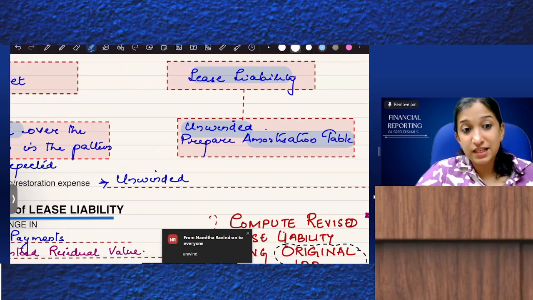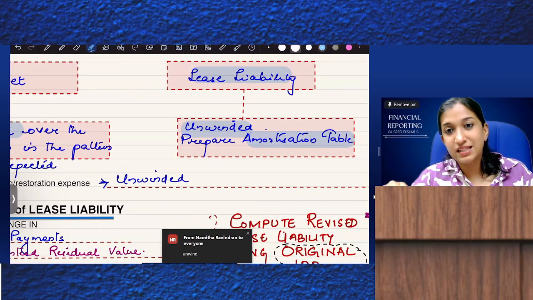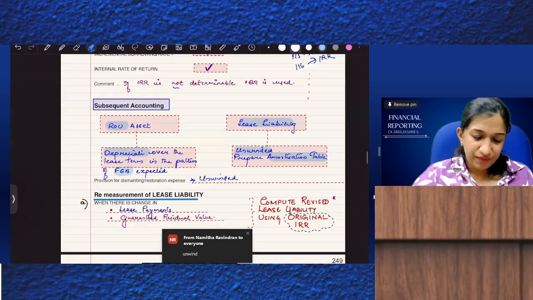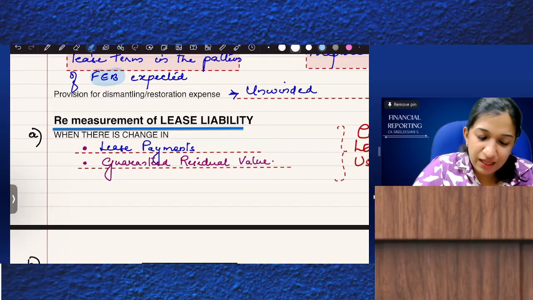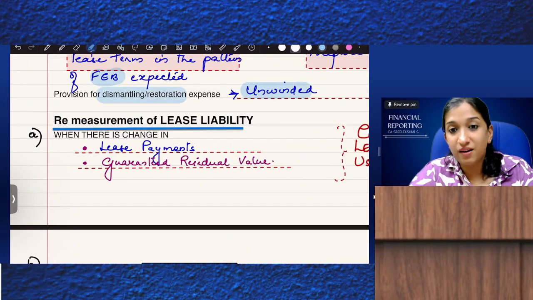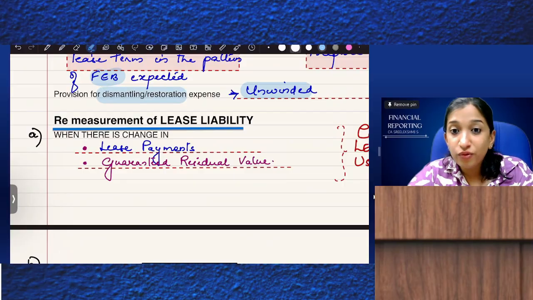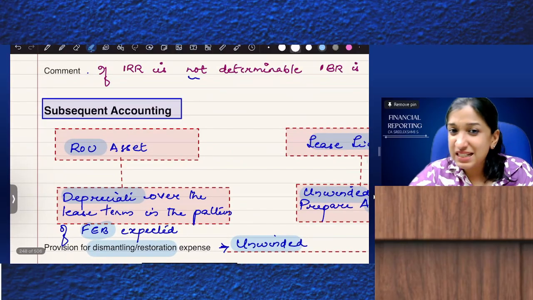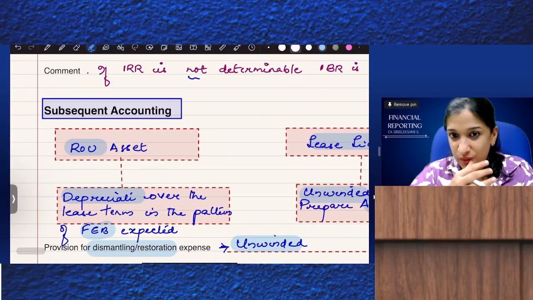Unwinded, prepare an amortization table as per our Ind AS, like what we are doing in Ind AS 109 financial instruments. Easy. If there is a provision for dismantling and restoration, that also will be unwinded. So that takes care of subsequent accounting.